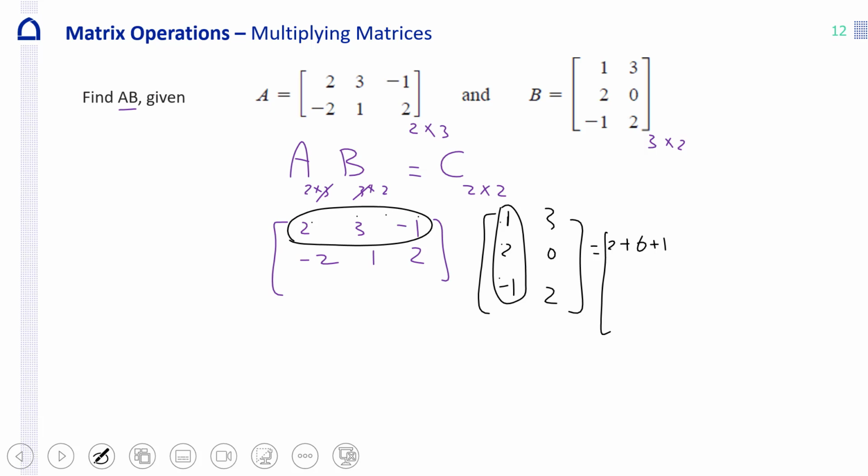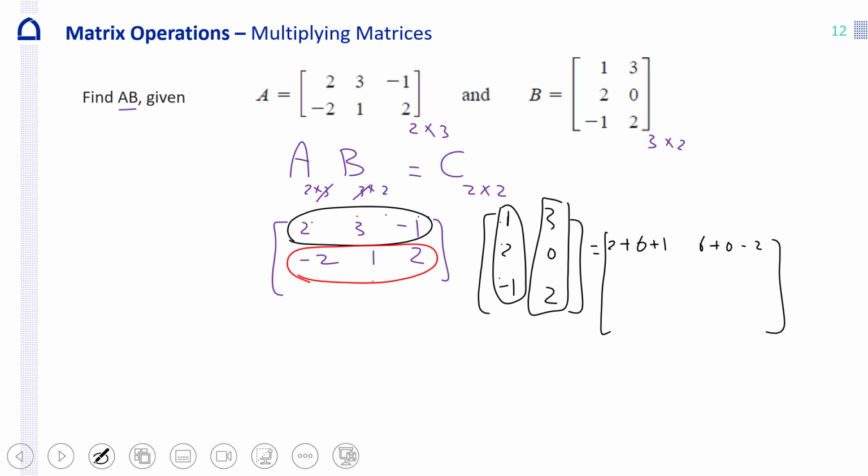And you take the row to the second column. So you multiply 2 by 3, 6, 3 by 0, 0, minus 1 by 2, minus 2. Once you finish with the first row from the left one, go and take the second row and do the same.